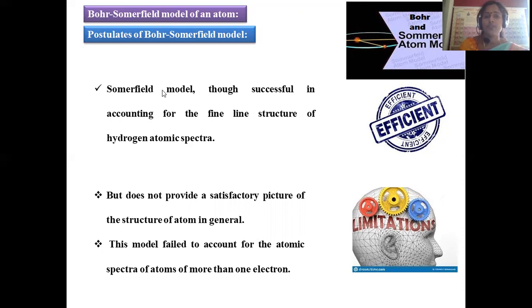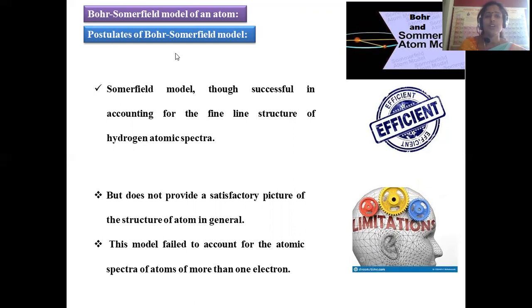All of this is not explained by Bohr's model, but it is clearly explained by the Bohr-Sommerfeld model. The Sommerfeld model is very successful in accounting for the hydrogen atomic spectral lines. But we have a few limitations with this also. That is the reason why we move on to another modernization of the atomic model.